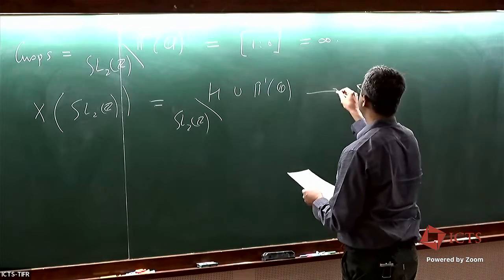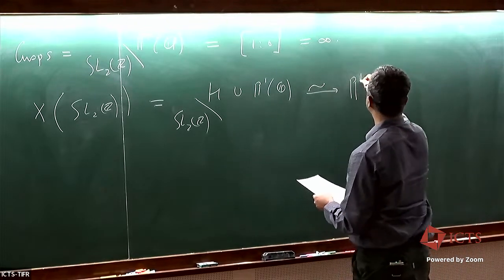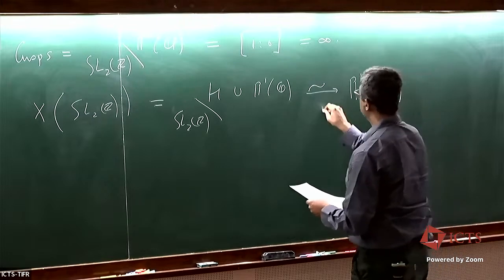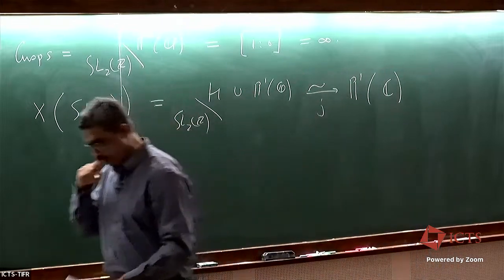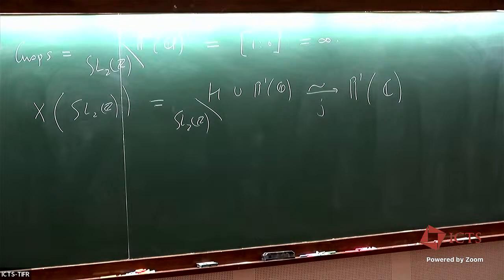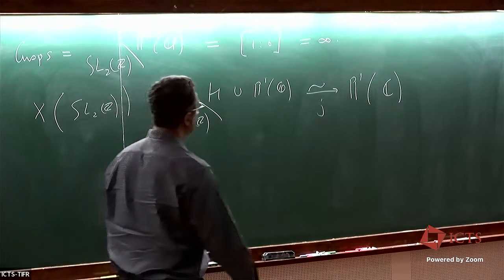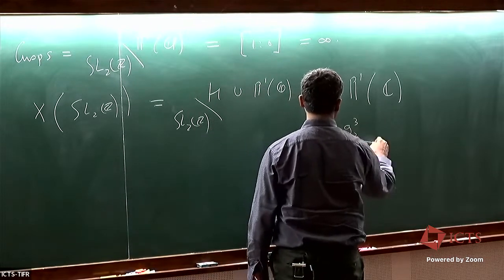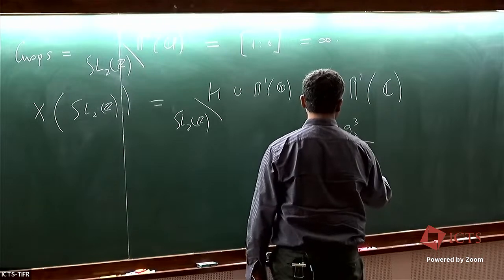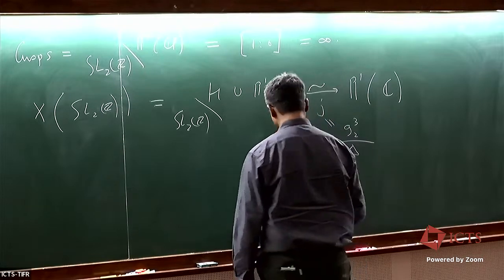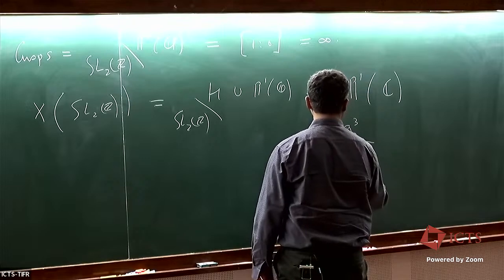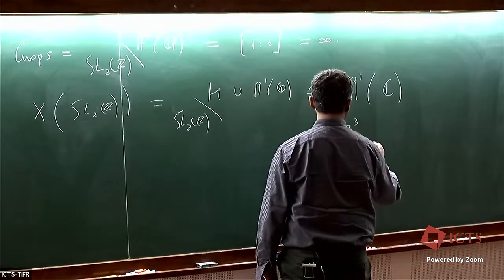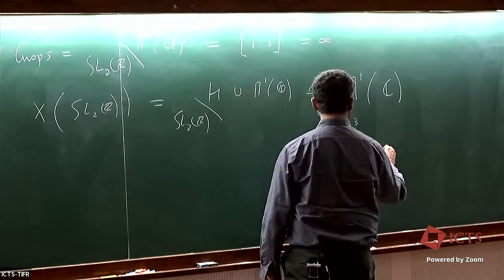In fact, it's the Riemann sphere via a specific function j, which I could have defined in one of the lectures, but I didn't. This j in the old notation is something like g2 cubed divided by delta, and delta is, I've forgotten, but maybe it's g2 cubed minus 27 g3 squared.